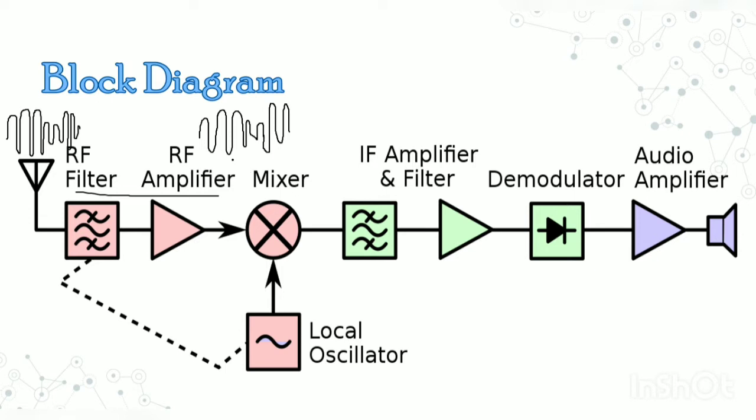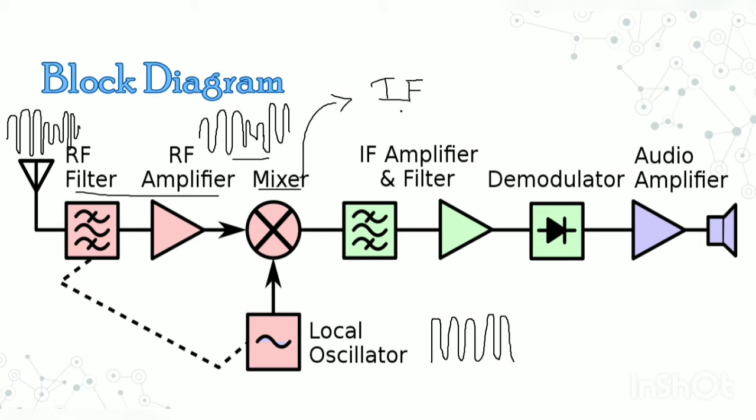Along with this RF, a local oscillator provides a mixing frequency that is also applied to our mixer. As a result, this mixer gives us an intermediate frequency.